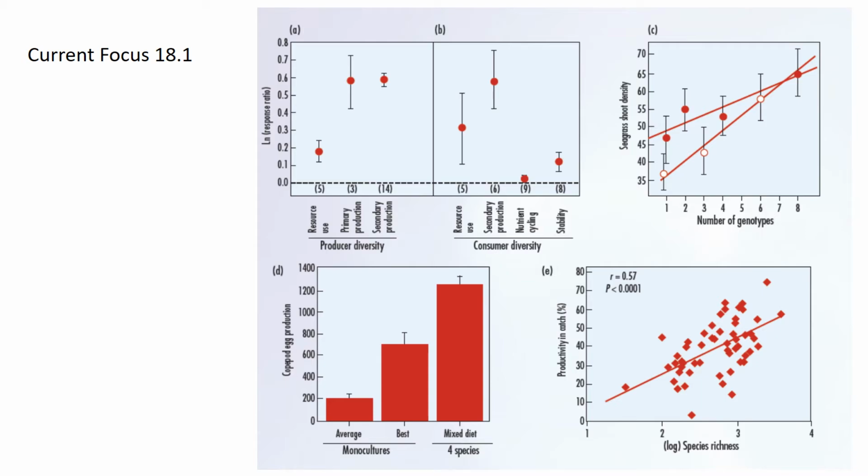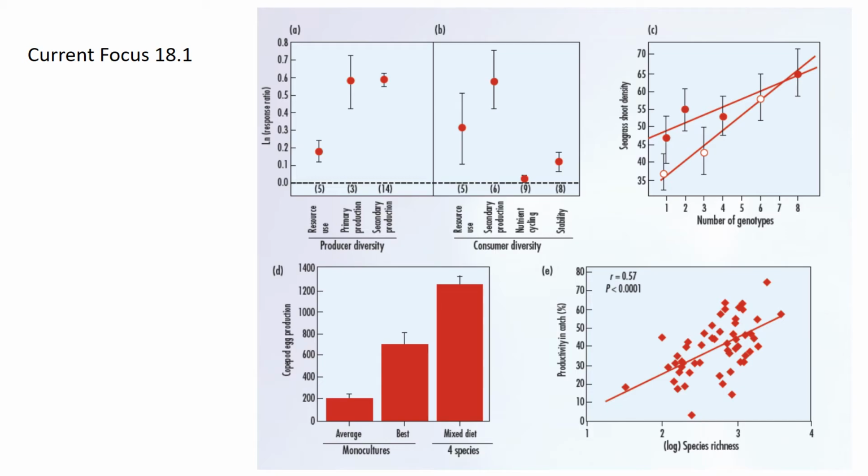And these experiments cover a wide range of different types of organisms, such as primary producers, so for example phytoplankton, secondary producers, perhaps zooplankton, and then they've looked at experiments that have, for example, measured changes in community stability, in production, or nutrient cycling, for example.